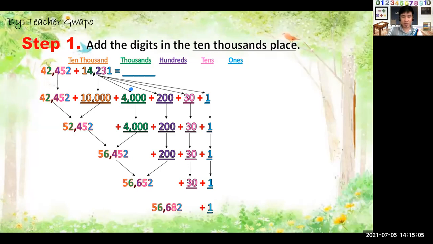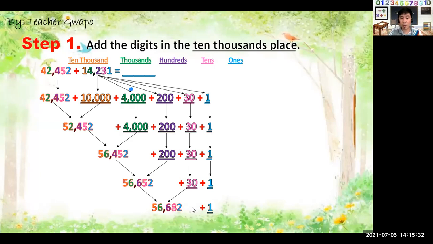Let's continue here. We are adding now the tens place. 50 plus 30. So 50 plus 30 becomes 80. So we have here 56,682.